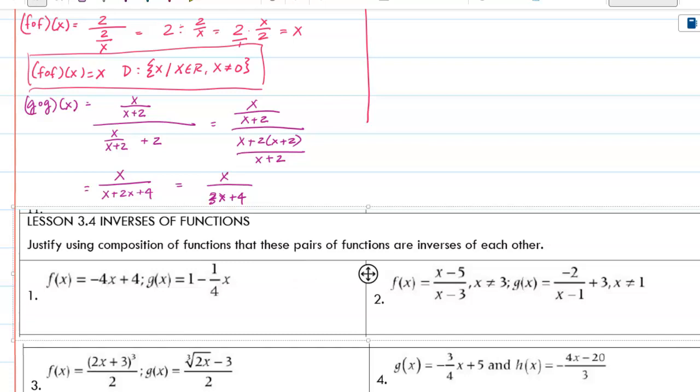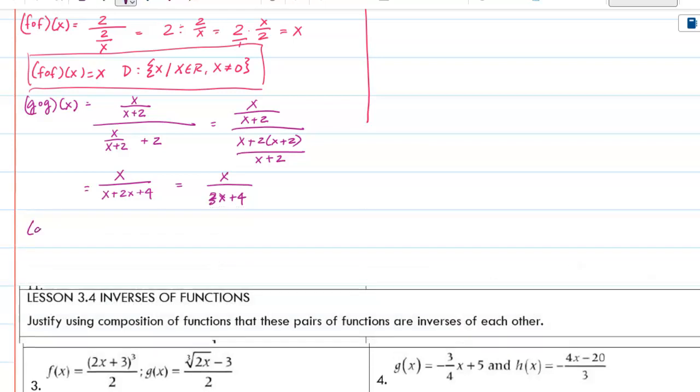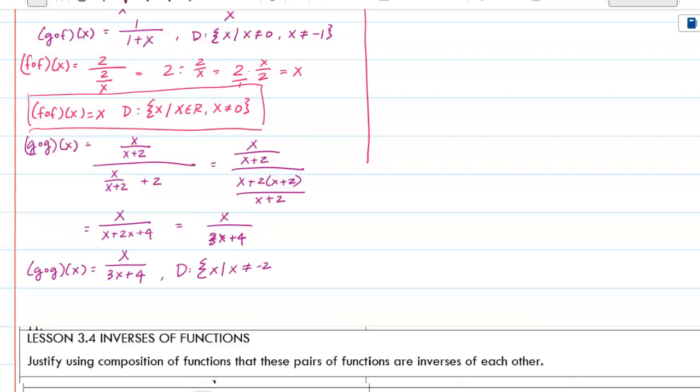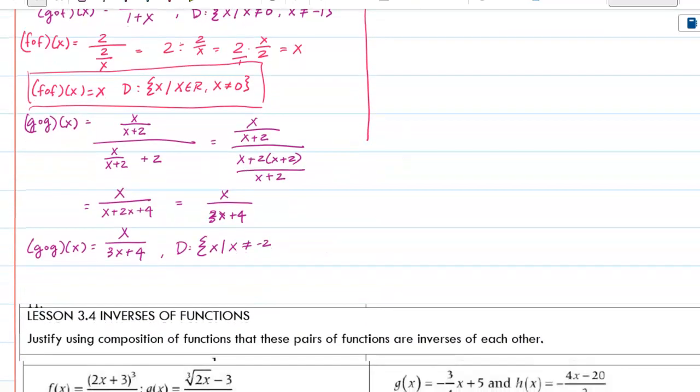So g of g of x equals x over 3x plus 4. My input function restriction was x cannot be negative 2, and my composite function restriction is that x cannot be negative 4/3. Okay. Good job.